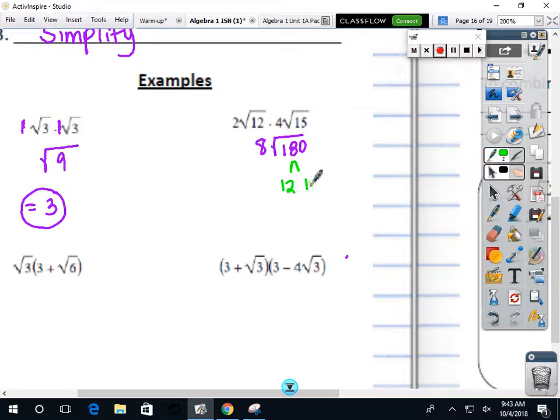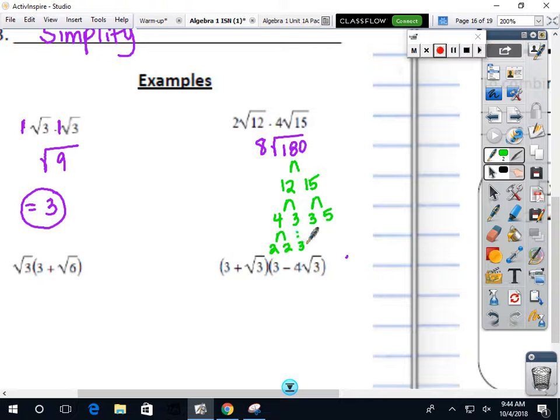Now, you don't have to use those numbers if you can think of other numbers that make 180, but obviously those would be the easiest ones to use. And then 12 breaks down into 4 and 3. And then 15 breaks down into 3 and 5. And then 4 will break down once more into 2 times 2.